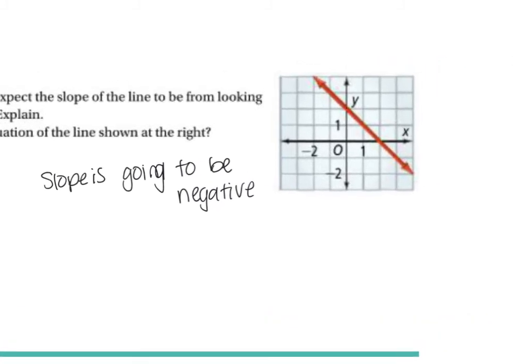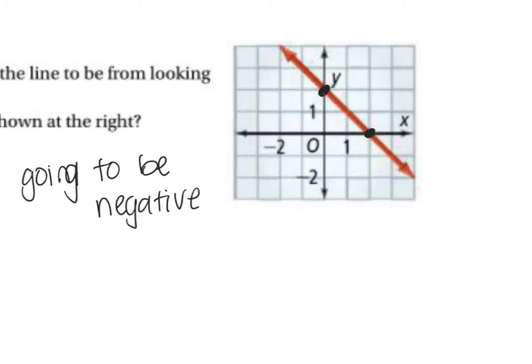Let's take this point and this point. What do I rise, guys? 2. Good. In what direction? Down. 2, down. And what do I run? 2, to the right.